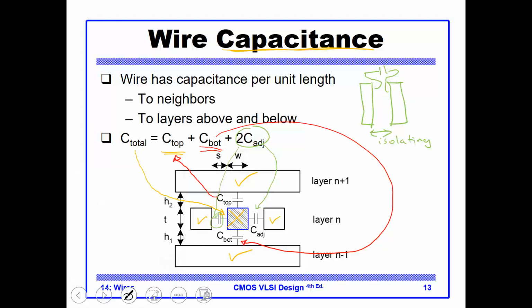In my diagram here, this is a metal, and this is a metal, and this is a metal, and this is a metal, and between all of these metals we have capacitances because this is isolation material. So C total equals C top plus C bottom, which means the capacitance with the top layer, the capacitance with the bottom layer, plus 2 times the adjacent capacitances.